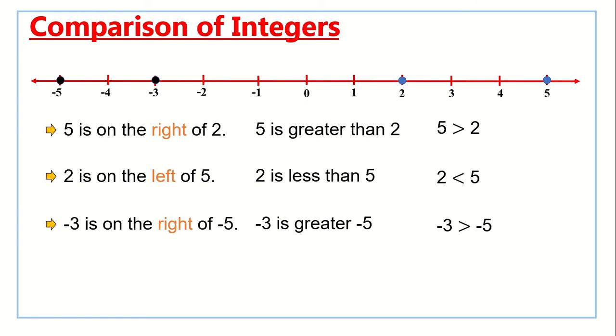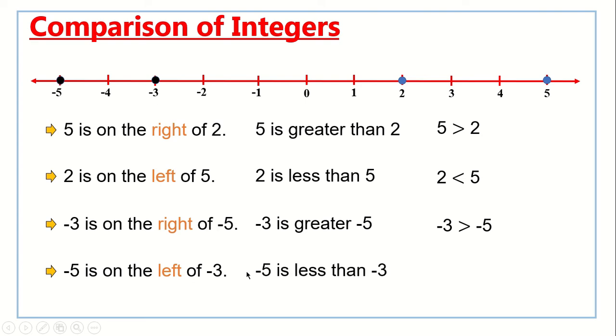Okay? And then you can see that -5 is on the left of -3. So this means that -5 is less than -3.